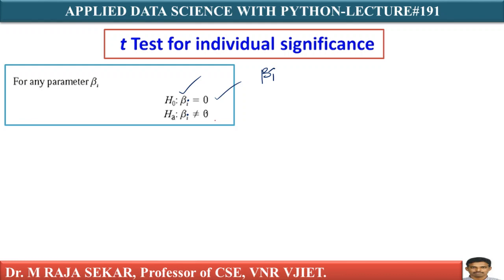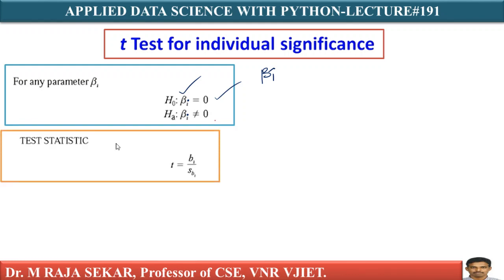What is my test statistic? My test statistic is T equal to bi by sbi. The actual formula is T equal to bi minus beta i by sbi.